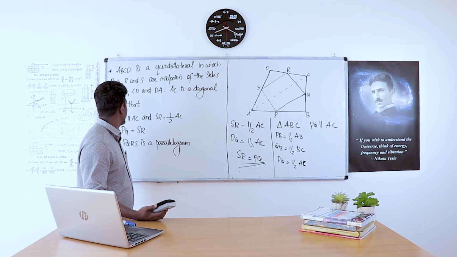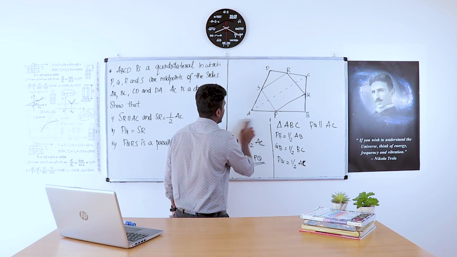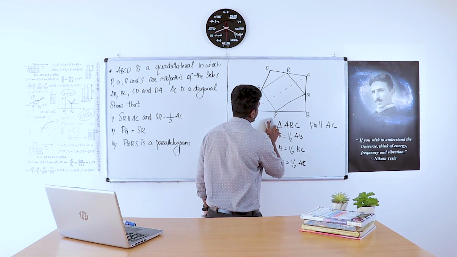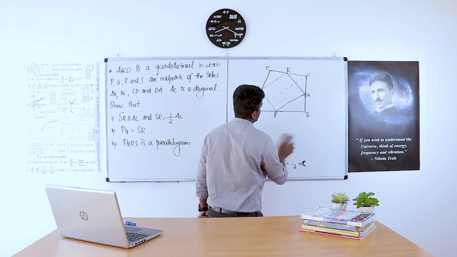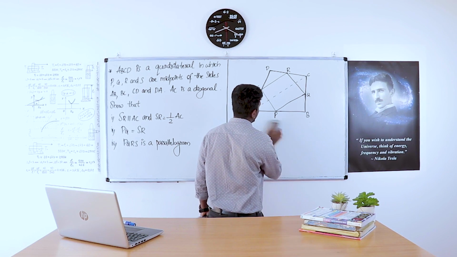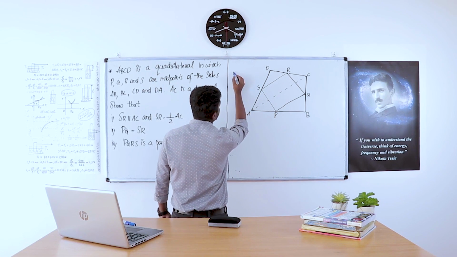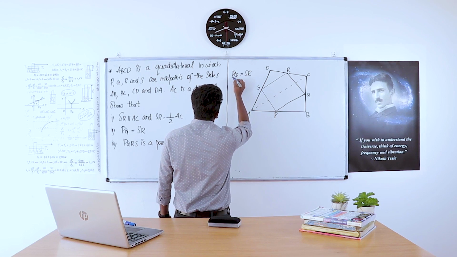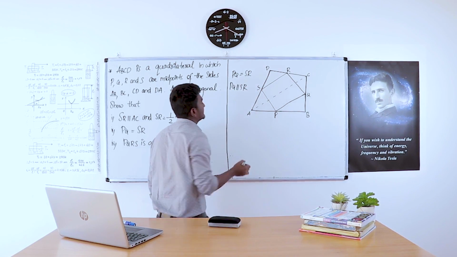Third question, we have to prove PQRS is a parallelogram. How will we prove? Already we know that PQ is equal to SR and PQ parallel to SR. How are PQ and SR parallel?